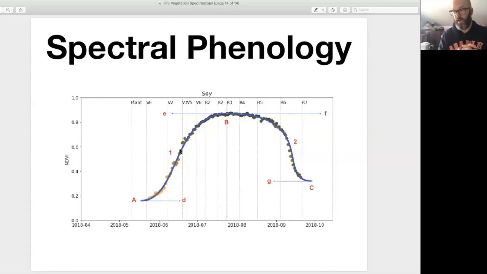Potentially we could combine that with imagery to have a recipe for the whole field. But nonetheless, that calibration work is just absolutely critical. So that's the next step.